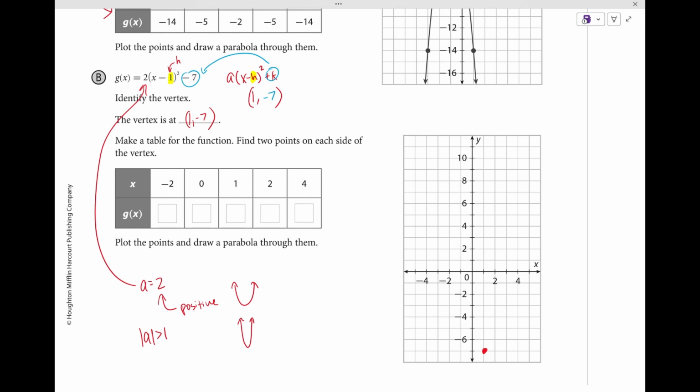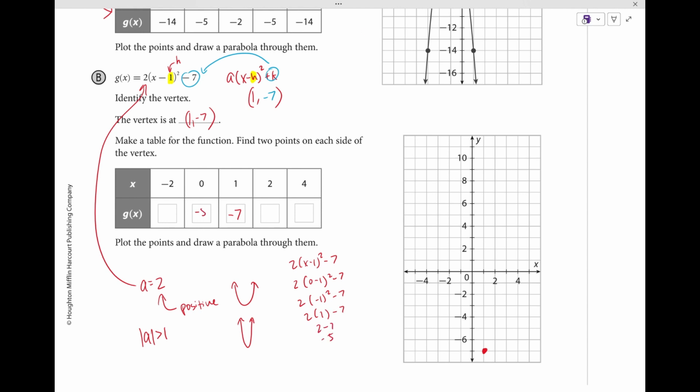Alright, so you can plug in your x values to get your y values. I already know (1, -7) is my vertex. I know that's going to be on there. Let's see, 2 times (x minus 1) squared minus 7. If I plug in 0 for x, I'm going to get (-1) squared, so 2 times 1. So 2 minus 7, -5.